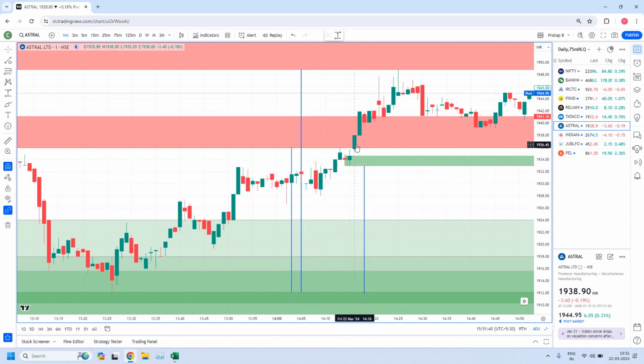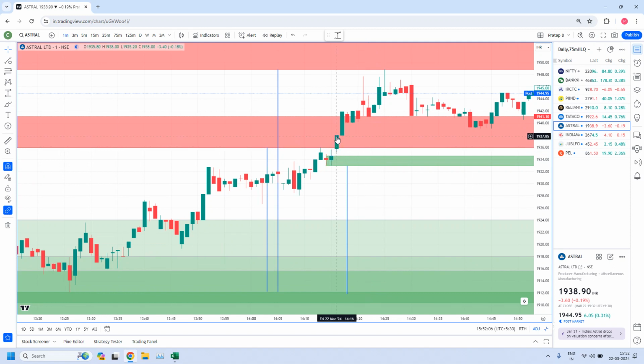Now, in case from here it came down and this 1 minute demand zone is violated, you will get 21 rupees. So almost close to 23 rupees 70 paisa. Maybe you may lose 3 rupees 70 paisa from your profit, but still you are about to get another 13 rupees profit.